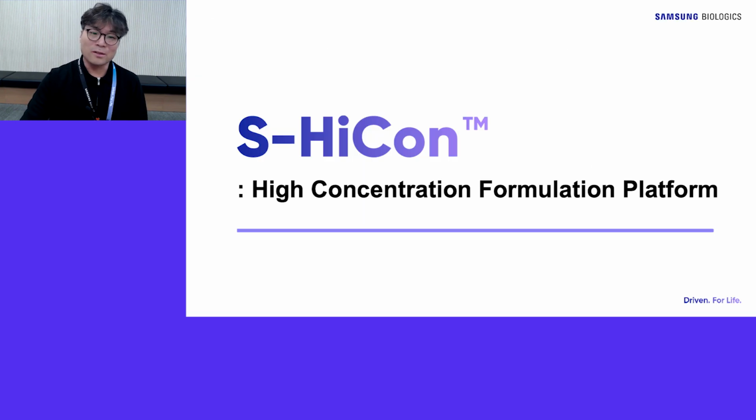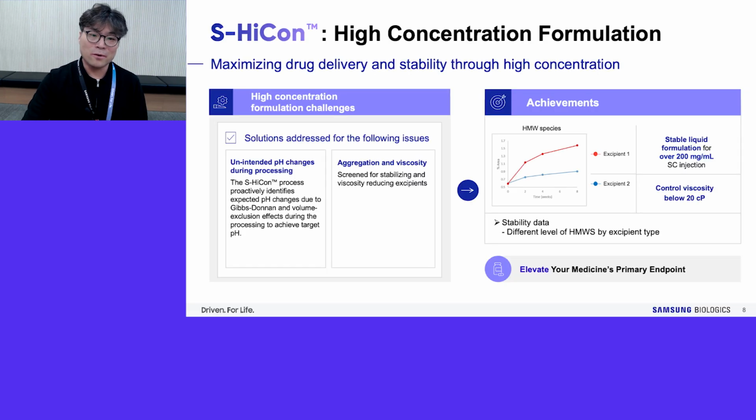That's why we launched SICON, the High Concentration Formulation Platform, at Samsung Biologics. Our SICON platform can confirm those issues before starting formulation development and prepare a strategy for the issues occurring, and finally achieve the high concentration formulation condition, which has good stability and low viscosity at over 200 mg per ml.